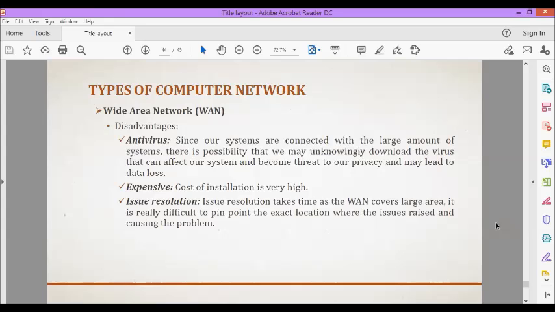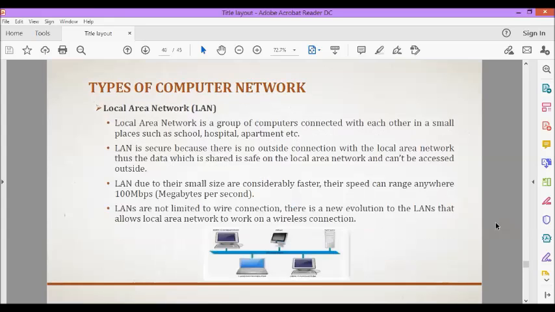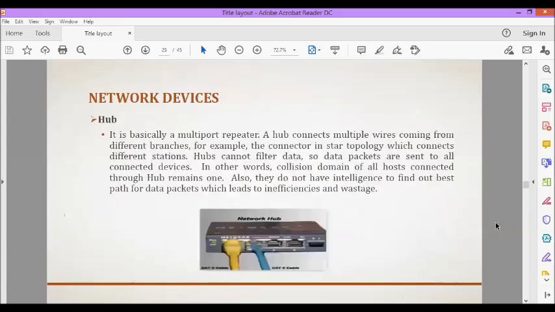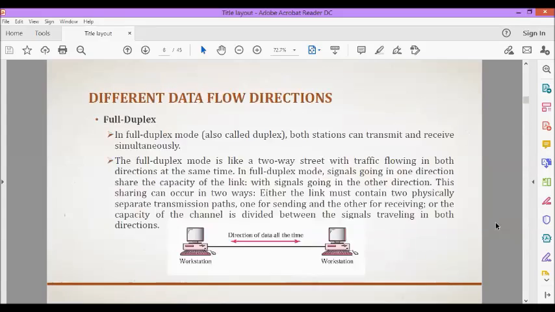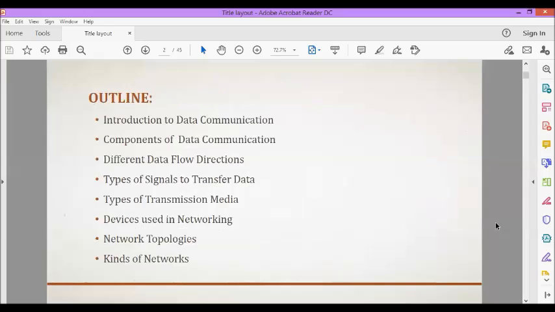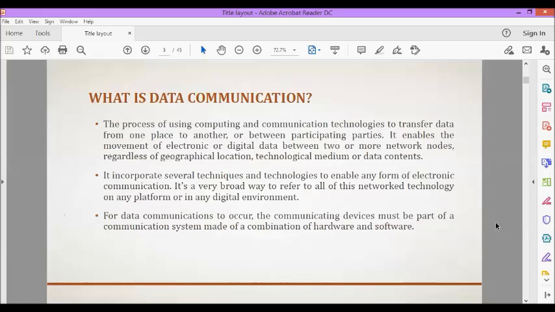So now let's review all the topics that we have discussed. Okay, so data communication is an essential concept in the creation of computer networks. Prior to the invention of networks, data had to be physically carried from one device to another.